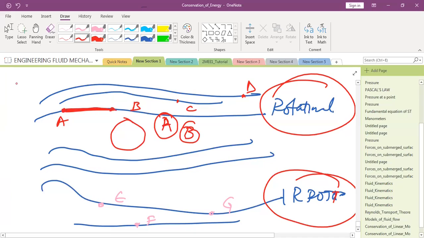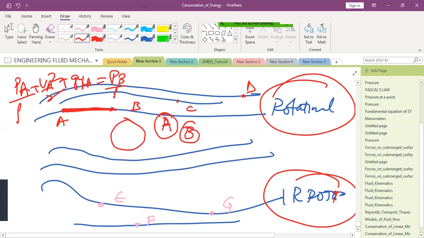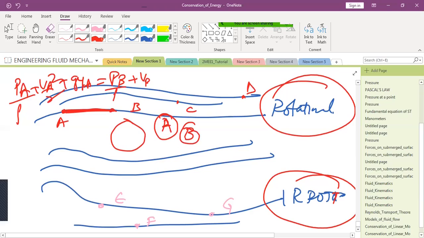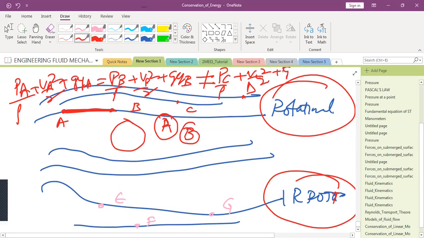So I can safely write down pA upon rho plus vA square upon 2 plus g yA is equal to pB upon rho plus vB square upon 2 plus g yB. This is not equal to pC upon rho plus vC square by 2 plus g yC, and this is also not equal to pD because these are lying on different streamlines.